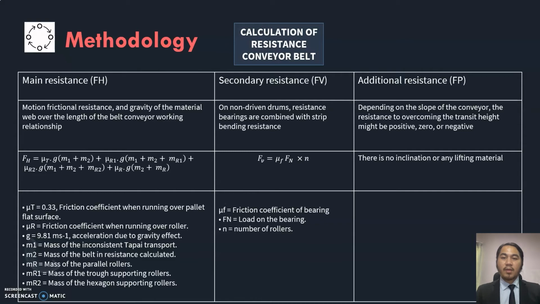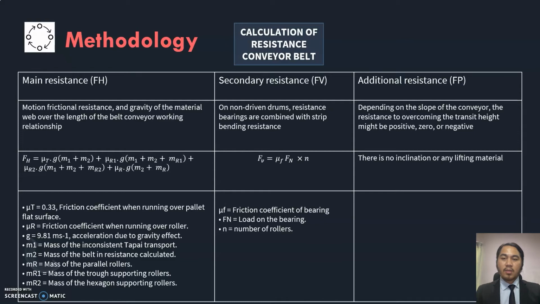The sum of material weight along the machine conveyor influences the main resistance, such as the inconsistent produced Tapai, conveyor belt, and rotating roller. The belt moves on the roller and the pallet, which produce two different coefficients of friction. There are three different types of rollers: parallel roller, through supporting roller, and hexagon supporting roller.